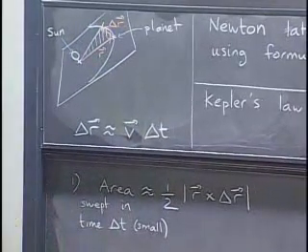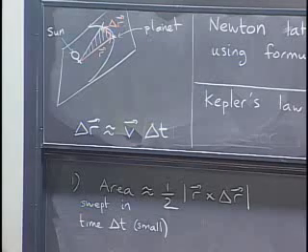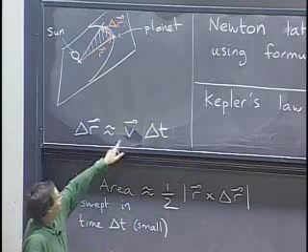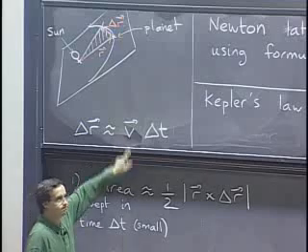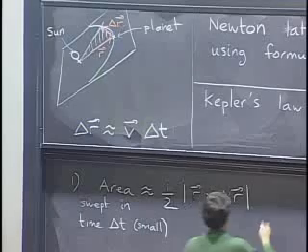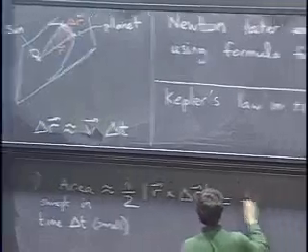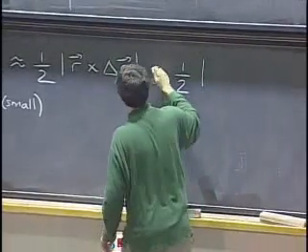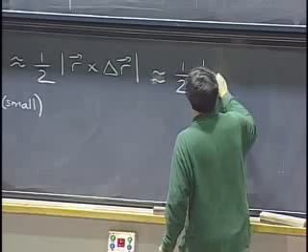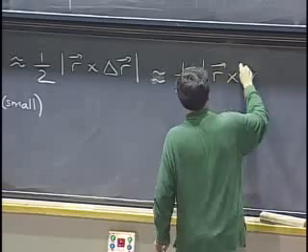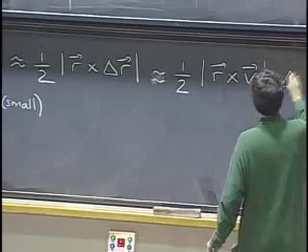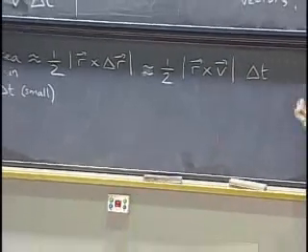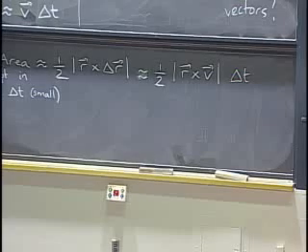I'm just using the definition of a velocity vector. So it's again approximately equal to the magnitude of r cross v times delta t. I can take out the delta t, which is a scalar.